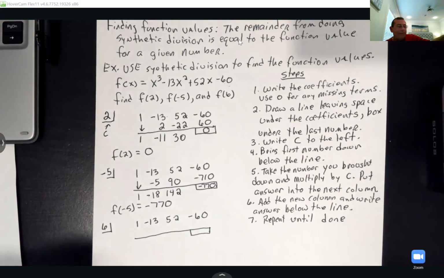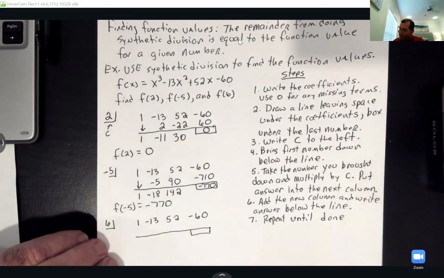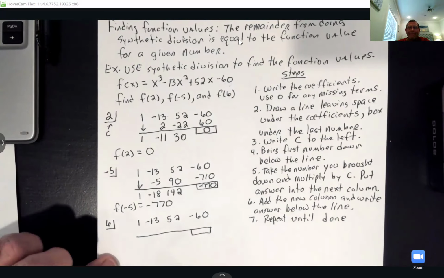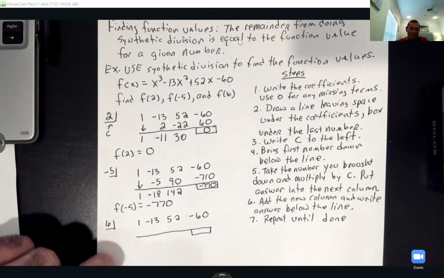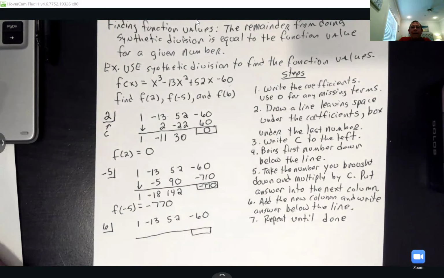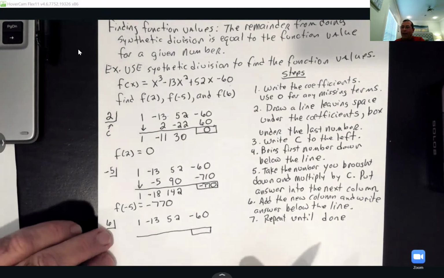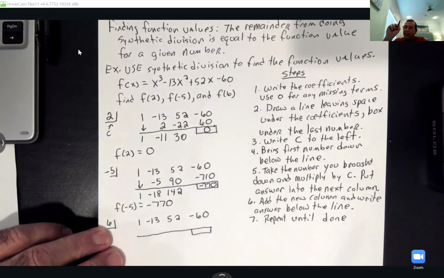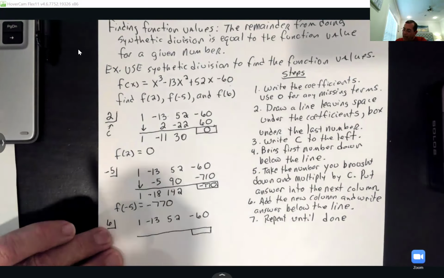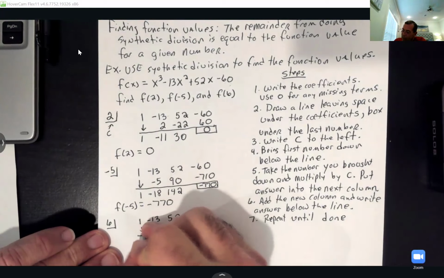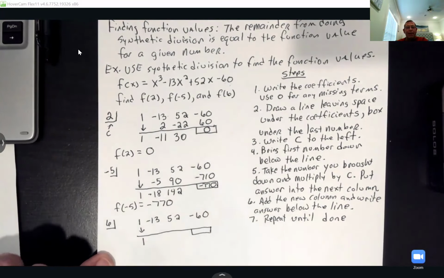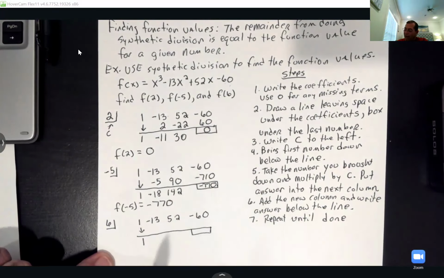Do y'all want to try it? All right, so y'all are going to say, hey, bring that first number down below the line. So that's why I'm drawing these arrows, bringing that 1 down. All right, y'all, now we're just going to multiply and add until we're done.